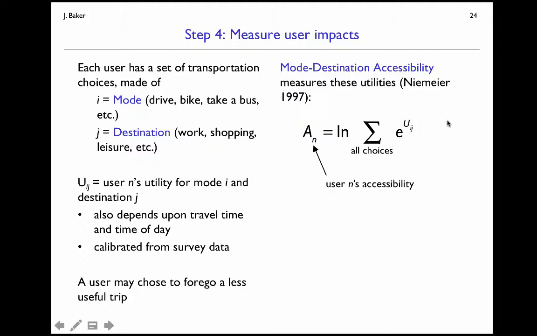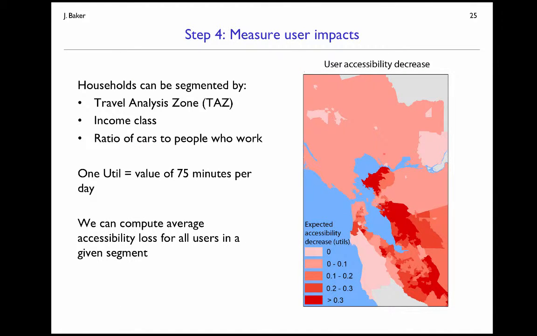It's a functional combination of the utilities associated with all modes and all destinations. This A value on the left-hand side is the accessibility associated with a particular user. So each user in the network, as the network gets disrupted, will have their accessibility impacted, and we're going to compute that and then study what happened due to this network damage.